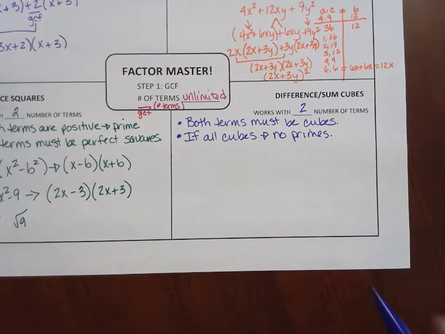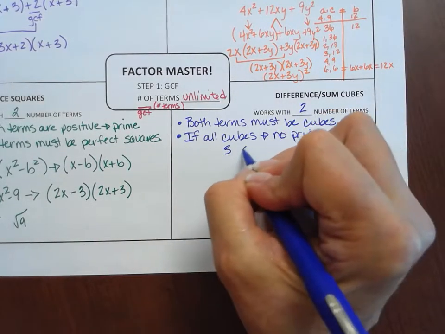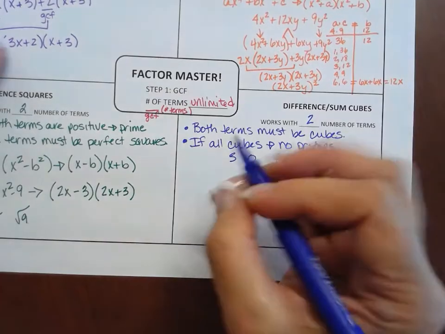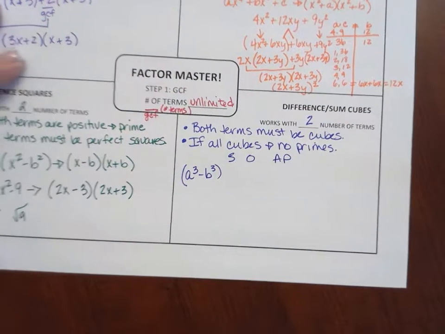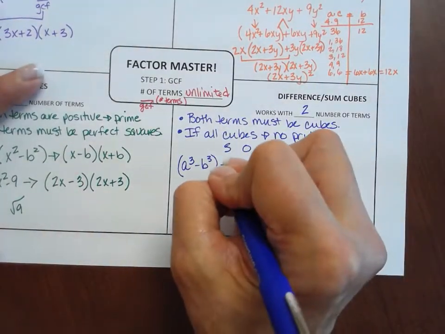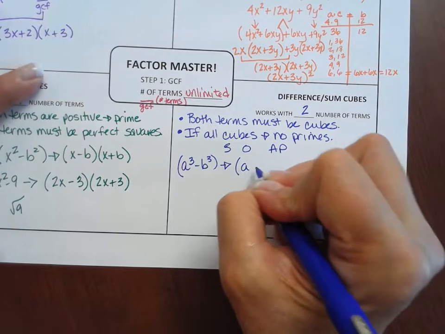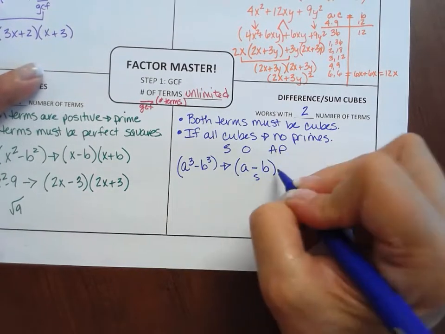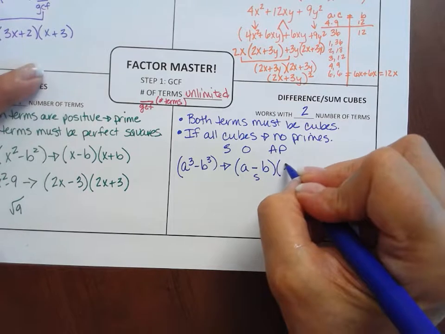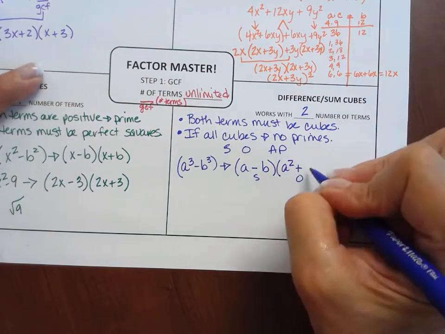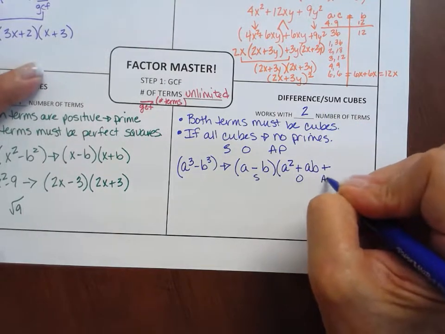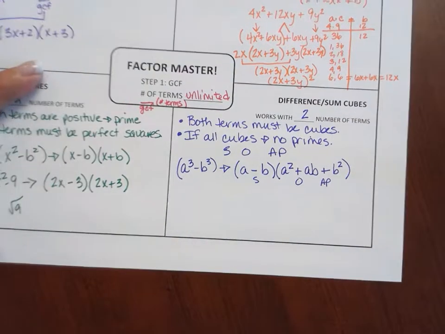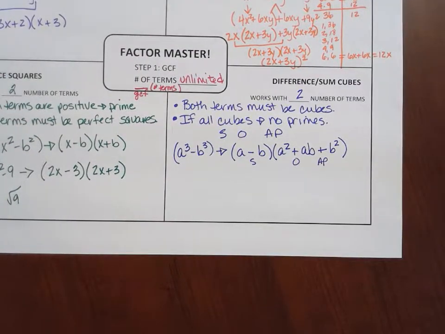And this is the one where we're going to use SOAP. So if I have a cubed minus b cubed, I'm going to have same sign, opposite sign, and always positive. Do you agree with that? Feel good about those?